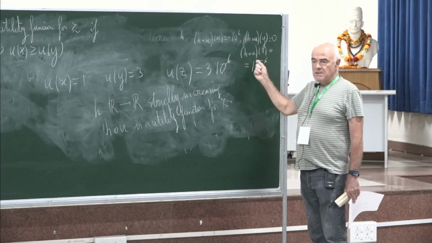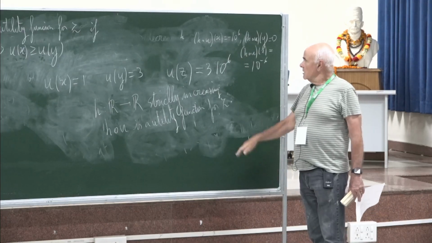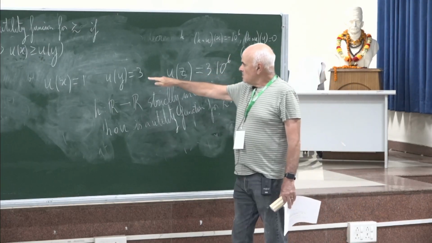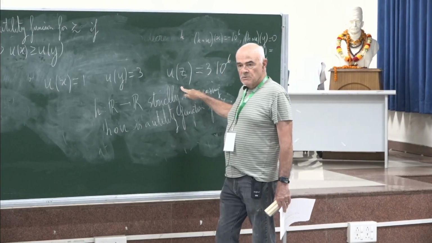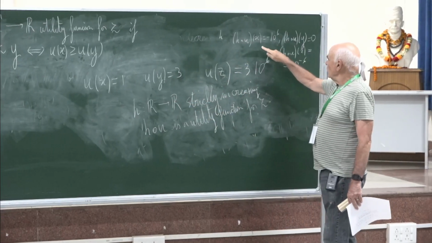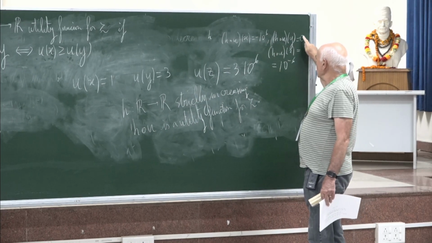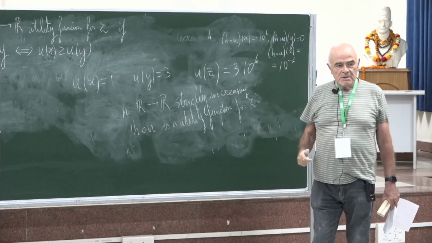They also represent the same utility functions for these three goods. And you see here the difference between y and z was huge, unlike the difference between x and y. Here the difference between x and y is huge, and the difference between y and z is very small.